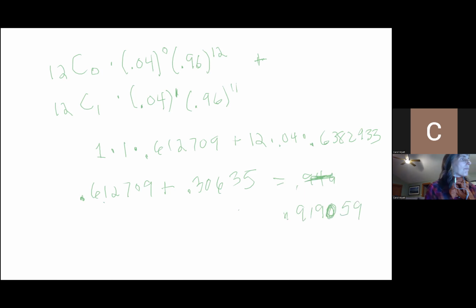Right. Okay. It's exactly what we wanted. A touch of rounding error, but far past 4 digits, so we're fine. So that is how we would do those problems by hand.